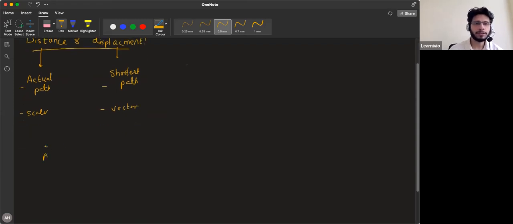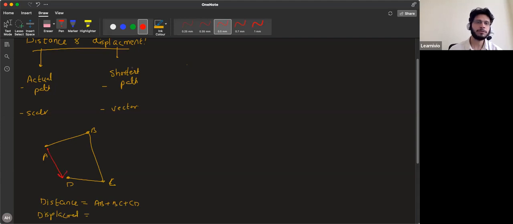So if I say this is the initial point A, and this is the final point D, and if I ask you to calculate distance, then distance will be simply AB plus BC plus CD. But if I ask you to calculate displacement, displacement is the shortest path between A and D. So displacement will be AD.